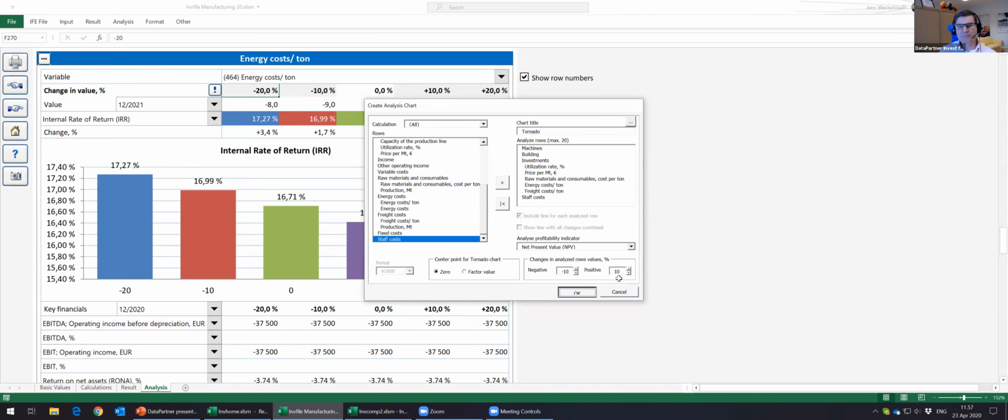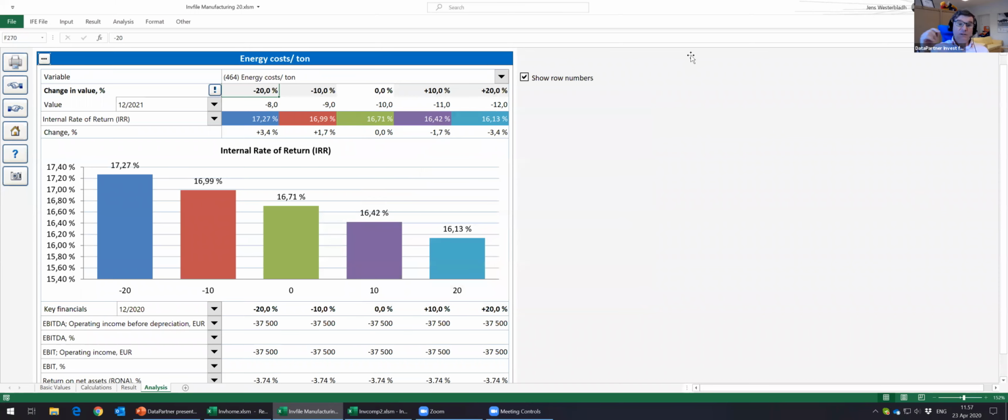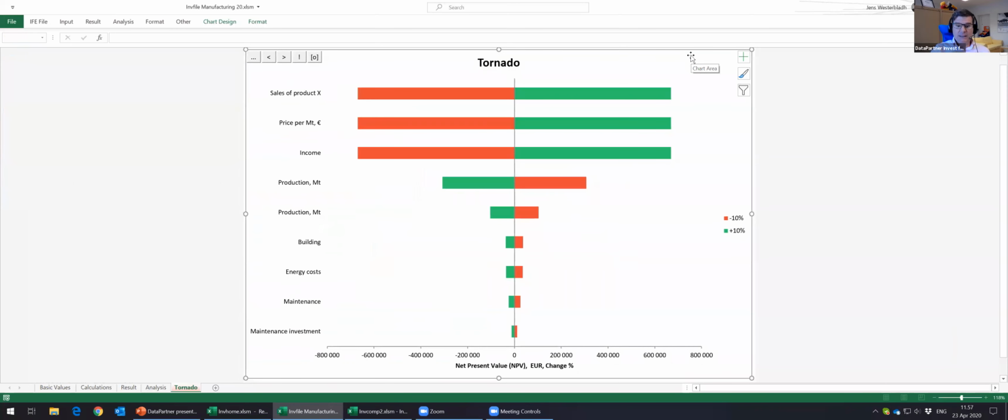So now what happens is that it changed each variable like plus minus 10% and looked at the impact on net present value. And then it sorts for me in order of impact.